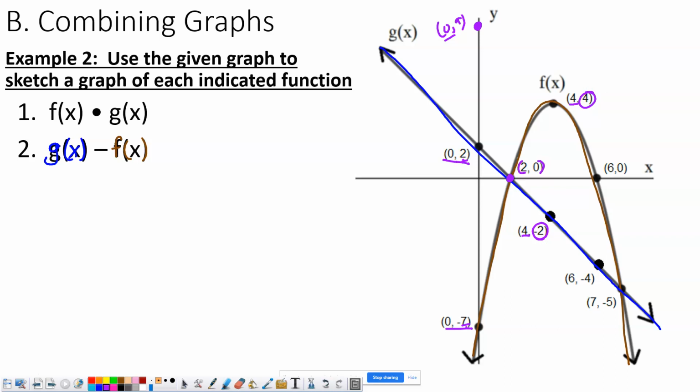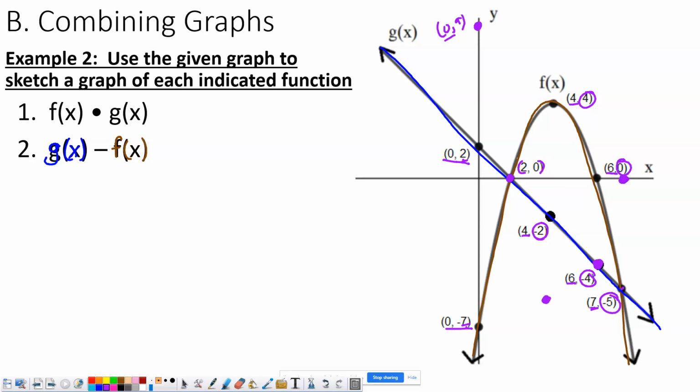So for x value of 4, we have a -6. For the next one, we have an x value of 6, blue minus brown is going to be -4 minus 0, which is -4. Last point, they both have the same y value, -5. -5 minus -5 is 0. So for x equals 7, my new line is going to be up here at 0.